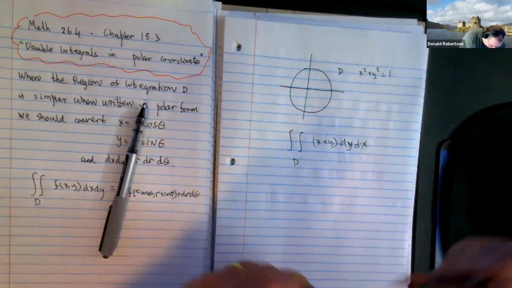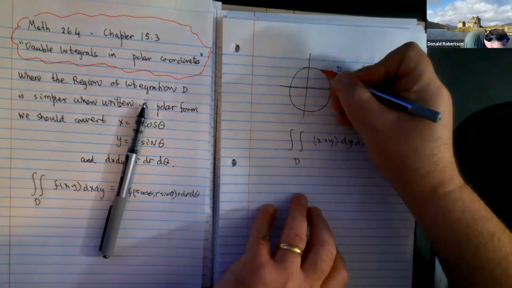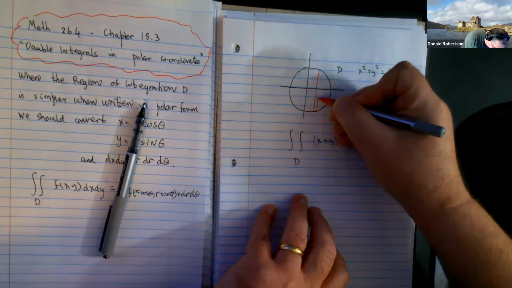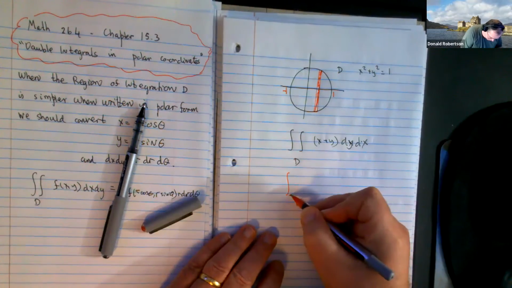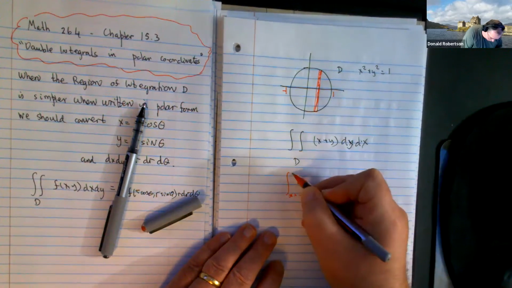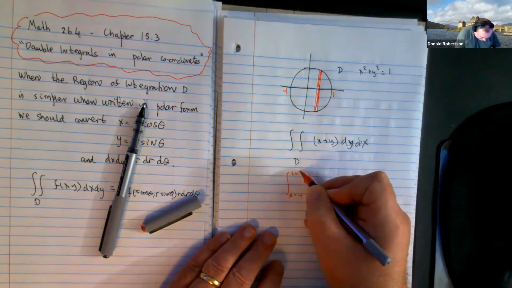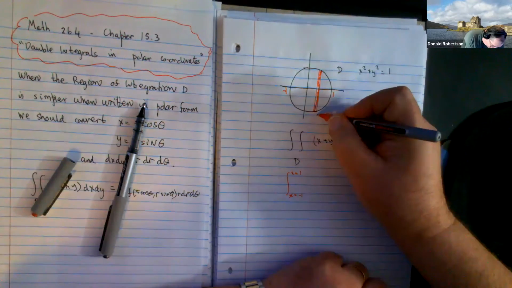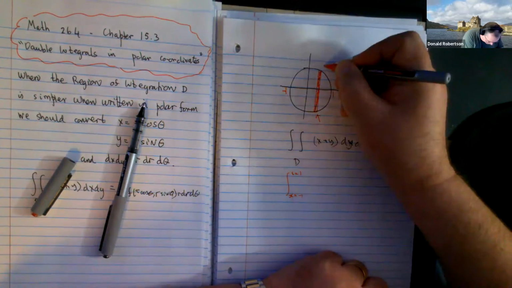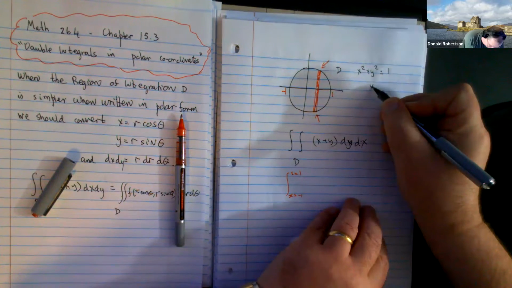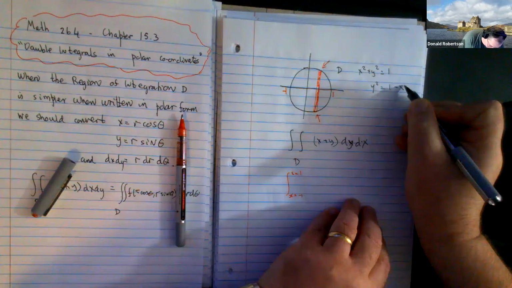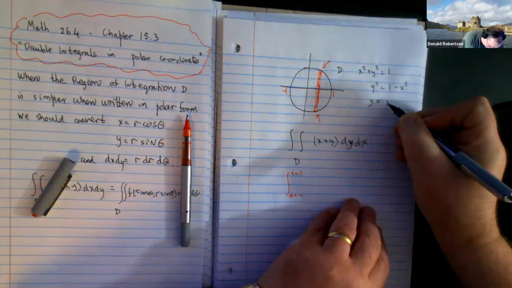If you split it with a vertical line going like this, then it would go from -1 to 1. So I could do the integral from x equals -1 to x equals 1. Well, that's not too bad. But what about these guys? If you rearrange this equation, you get y squared is 1 minus x squared, and that makes y plus the square root of 1 minus x squared.